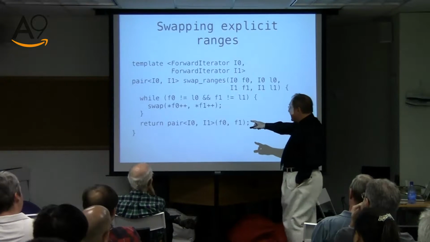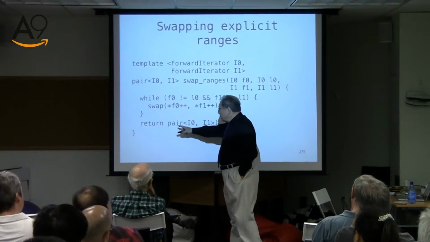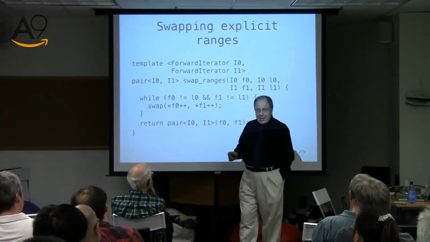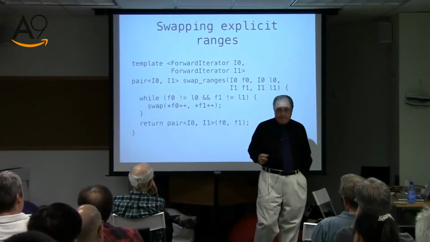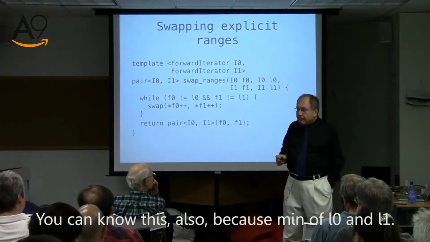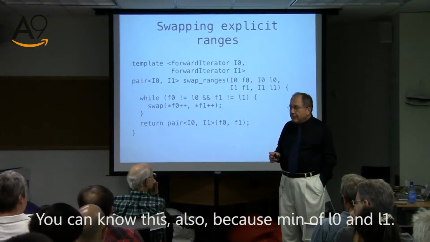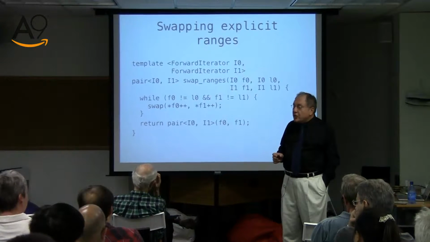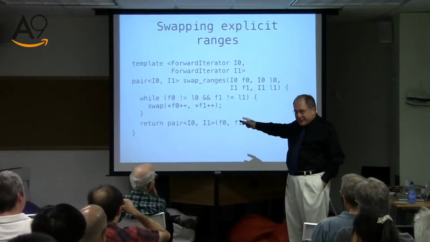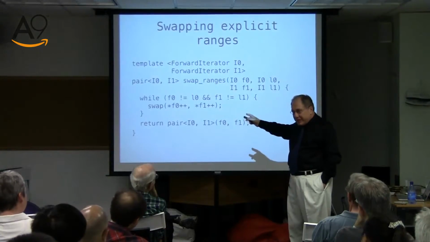But here we clearly need to return a pair. You kind of know this also, which is minimum of L0 and L1. Yes, but I don't know which. So the shortest way, yes, I could introduce a Boolean flag, but this is the shortest way of actually returning the information.